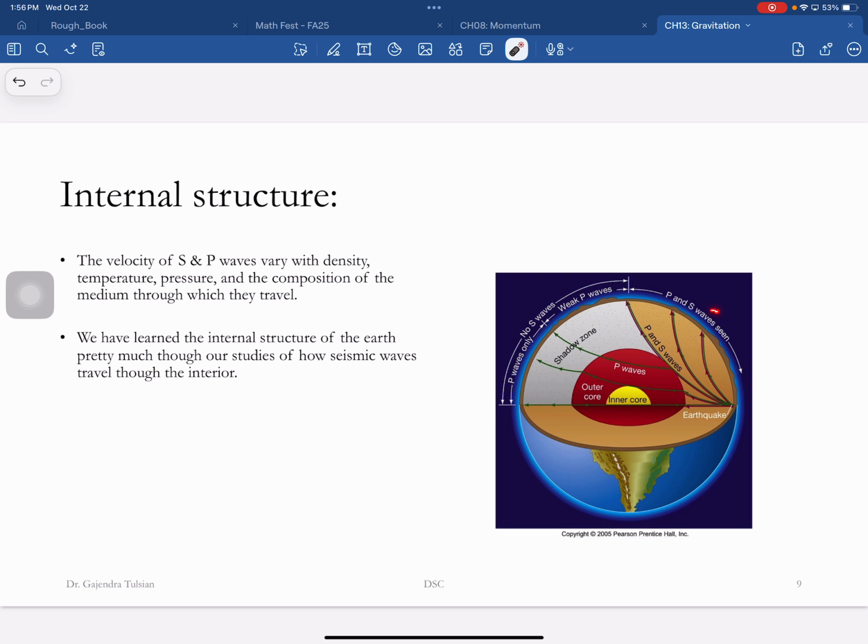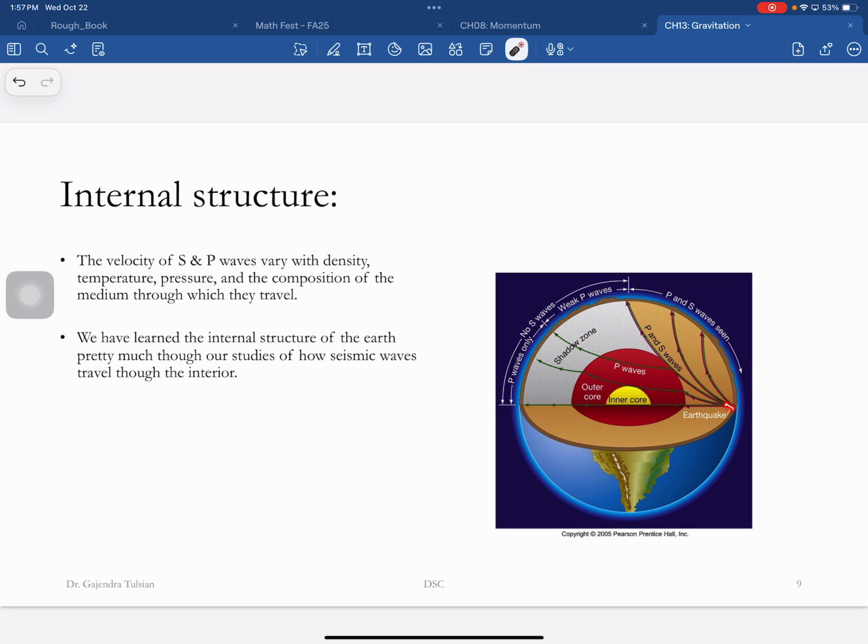And there are seismometers all around the world. So this earthquake happened, and after a certain time we detected the wave here, here, here, and all that. So you can reconstruct how the wave traveled, and you can reconstruct the velocity profile and then the corresponding property of the material.